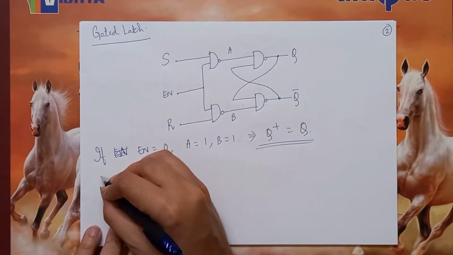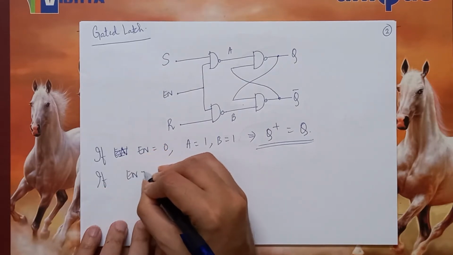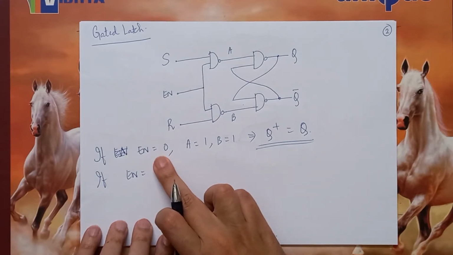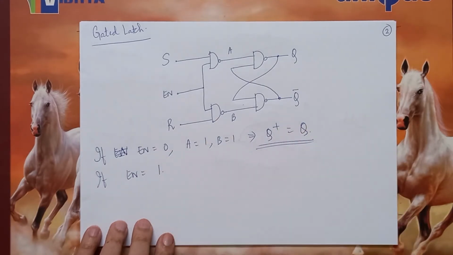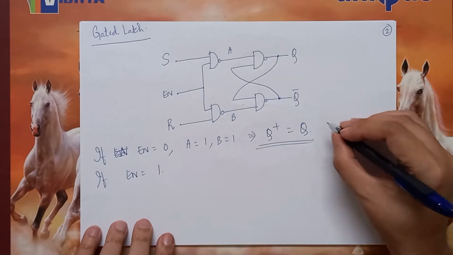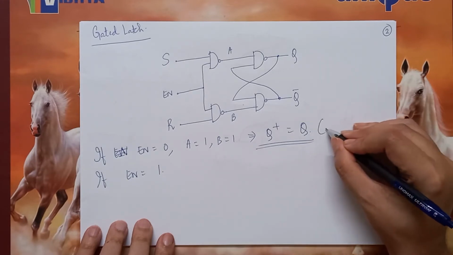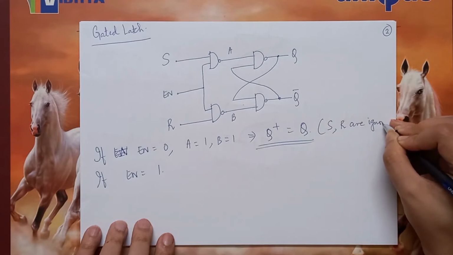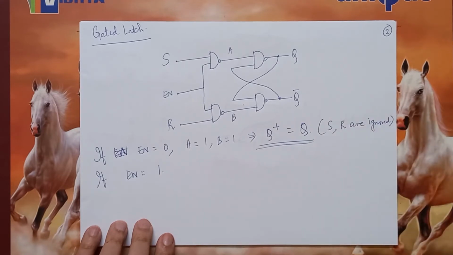Now the fun comes if enable becomes equal to 1. When enable is equal to 0, the next state is always equal to the present state, and this is the case where S and R values are ignored. Alright?